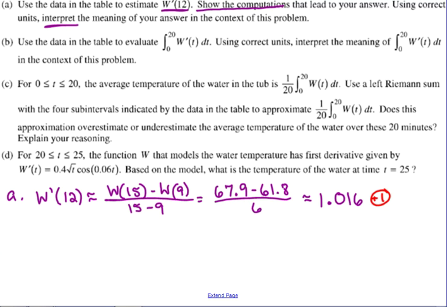So we're talking about a derivative, so we're talking about the rate. W is the temperature of the water.